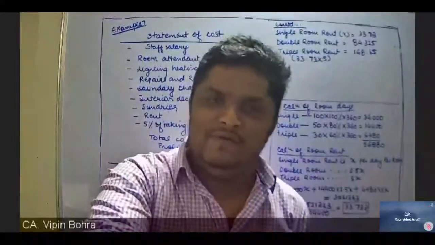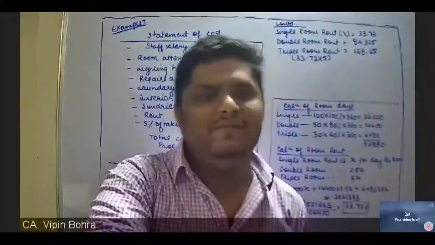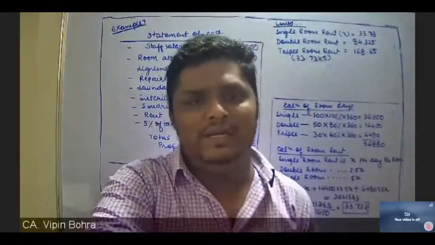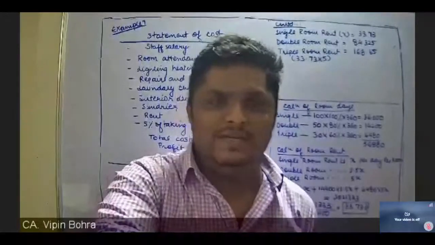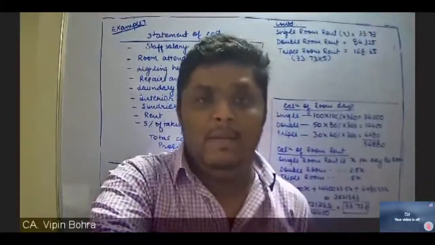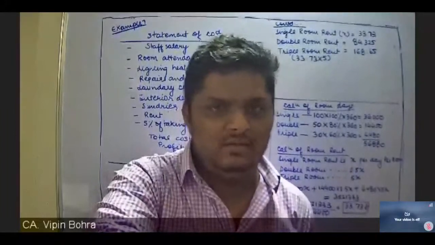Again, I repeat, for 150 days in a year, total 35 beds were occupied, and for 80 days, only 25 beds were occupied. The hospital hired 750 beds at a charge of 100 per bed per day to accommodate the flow of patients.